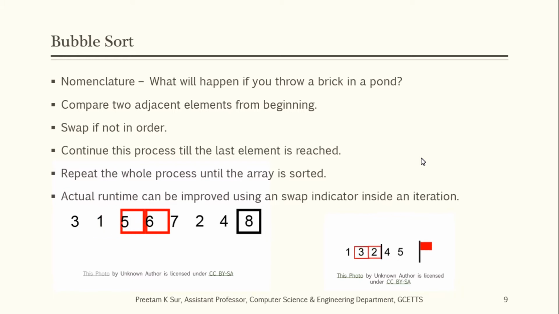But once we find that the array is already sorted, there is no need to raise the flag, so it will stop the further iterations. Like that you can implement bubble sort with an indicator to improve the runtime of the algorithm.